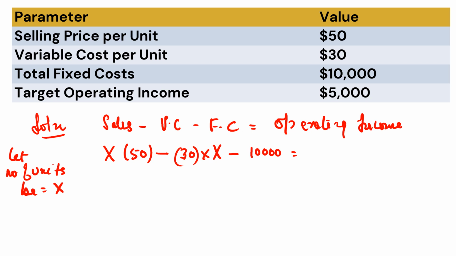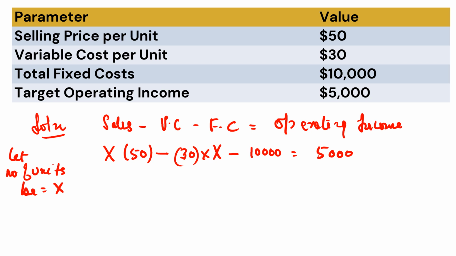This is equal to the operating income. Operating income is before the taxes, please remember that. 5,000. We can also call it EBIT, but it's better to call it operating income only. Now this is why I told you the knowledge of algebraic equations is very, very important, because there are only such questions in your CVP analysis.